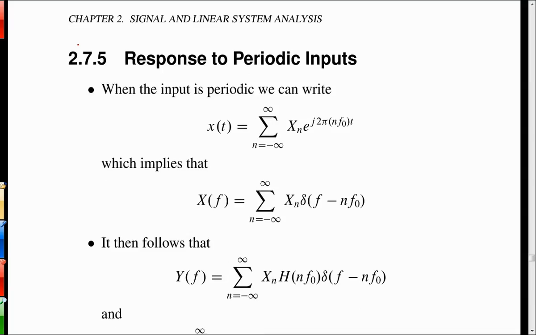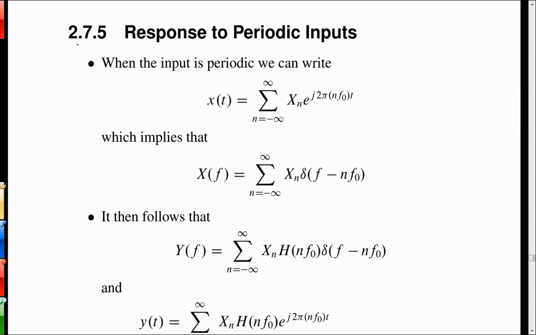Okay, the next topic is just saying what happens if I apply a periodic input to a system and looking at it in the frequency domain. I have the line spectra, or I have the Fourier transform of the Fourier series we looked at before, or just simply we had that the spectrum was the line spectra with the Fourier coefficients.